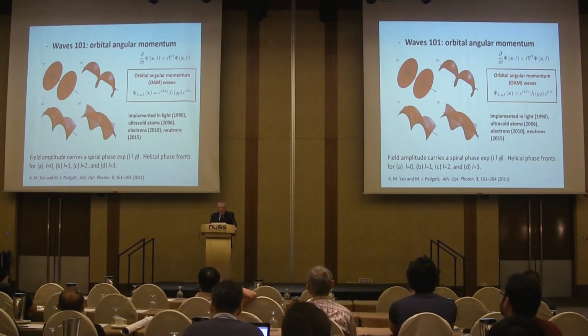Well, now, what is the basic idea of orbital angular momentum? Let's just start with the Schrodinger equation for a free particle, and you know that it has these plane wave type solutions.